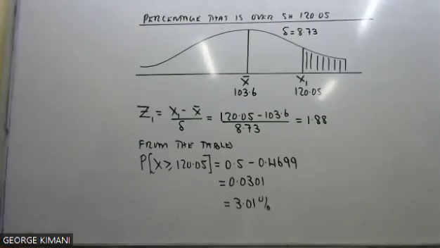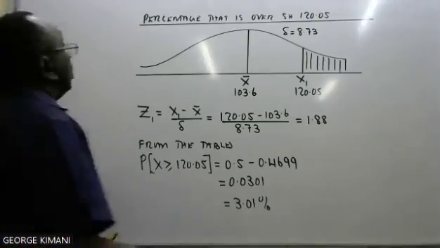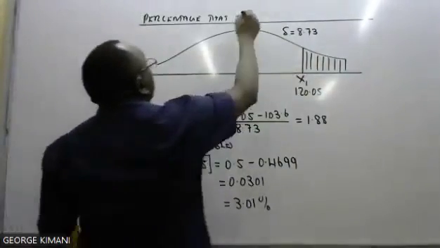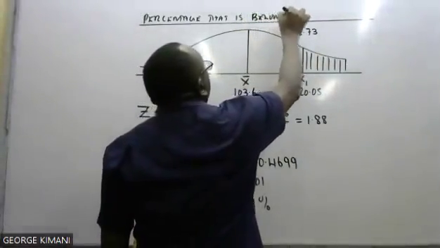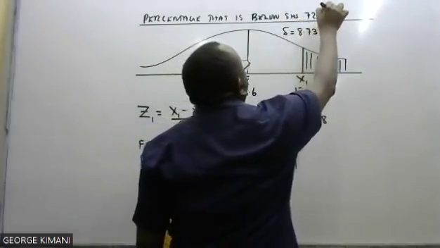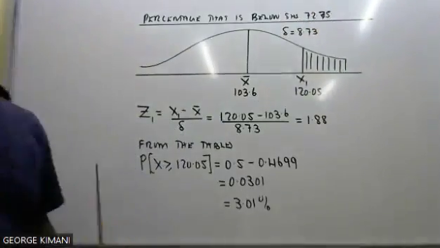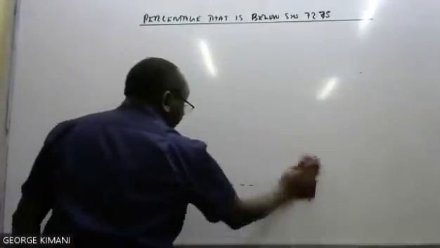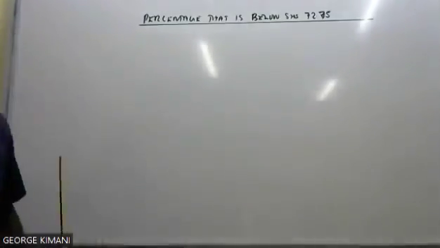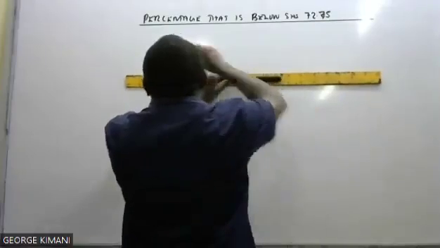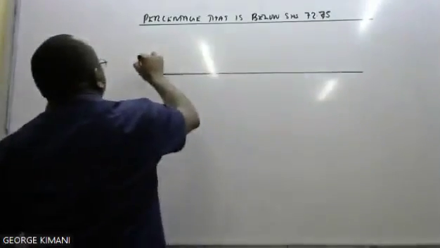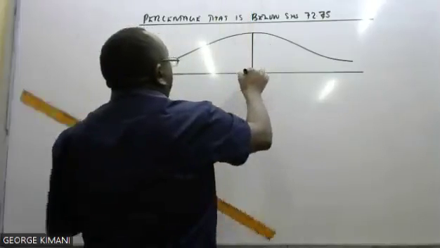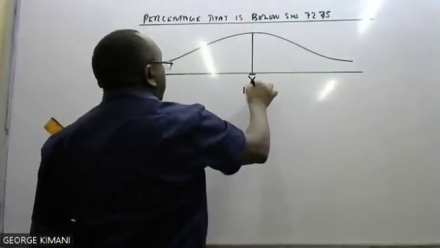Hiyo ingine ya pili nasema below 72.75. So x bar tumesema ni 103.6.